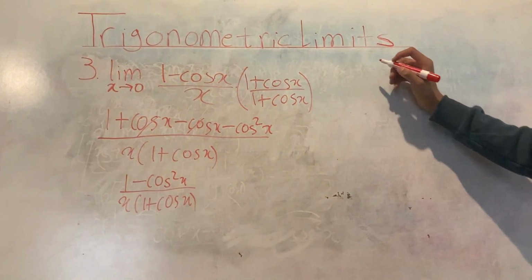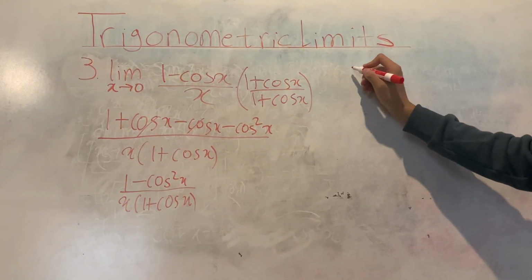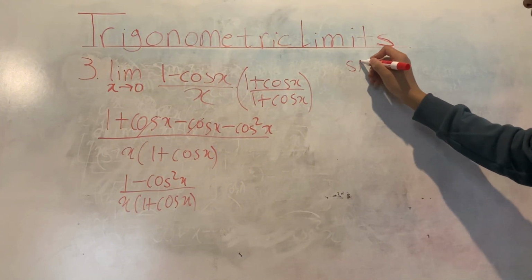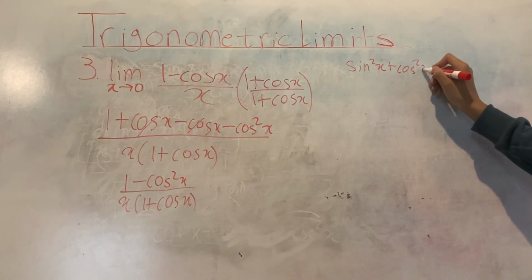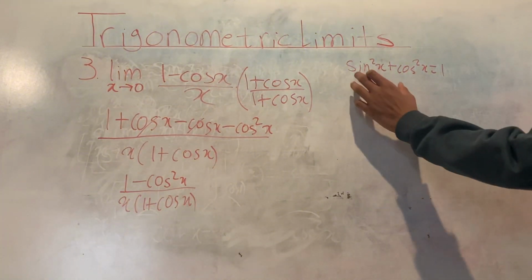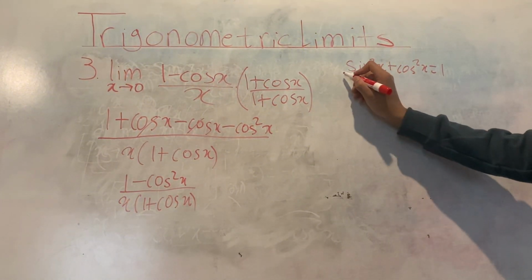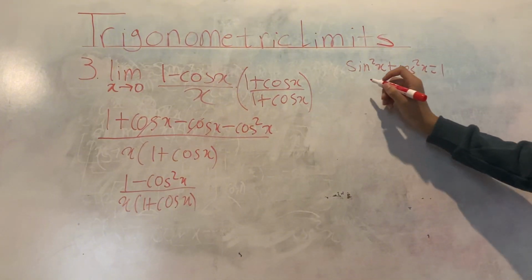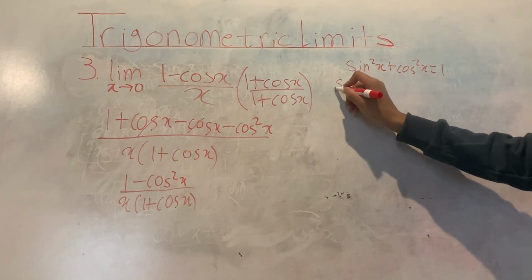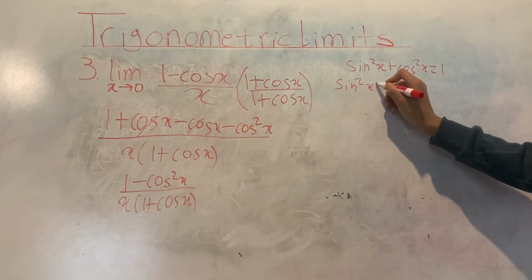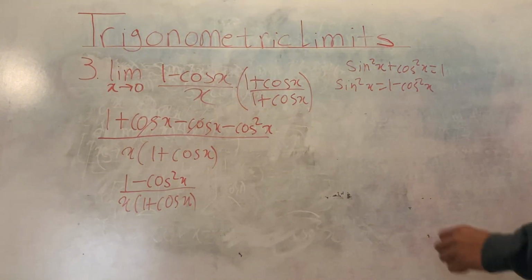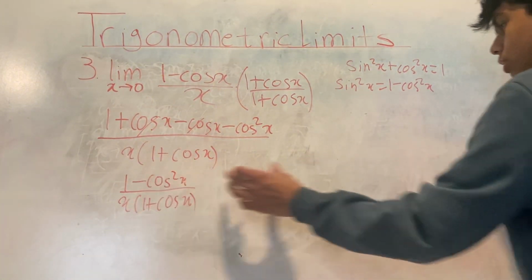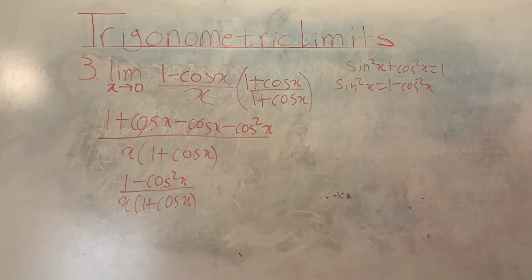So we know the Pythagorean identity sine squared x plus cosine squared x equals 1. So if we rearrange this and subtract cosine squared x from both sides, we'll end up with sine squared x equals 1 minus cosine squared x. So we can just replace 1 minus cosine squared x with sine squared x.